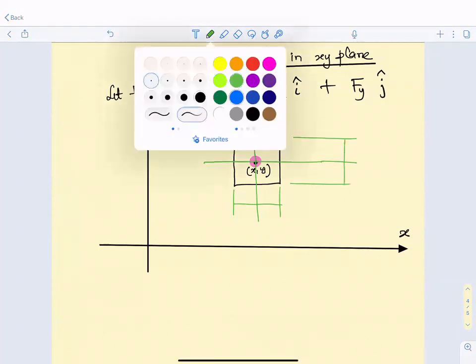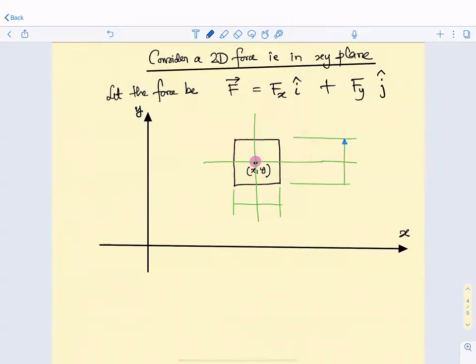So it is like this: delta y, delta y, and delta x and delta x. So this rectangle has sides 2 delta x and 2 delta y.